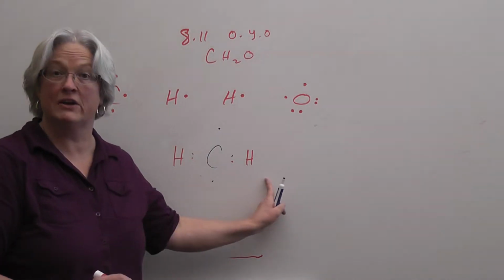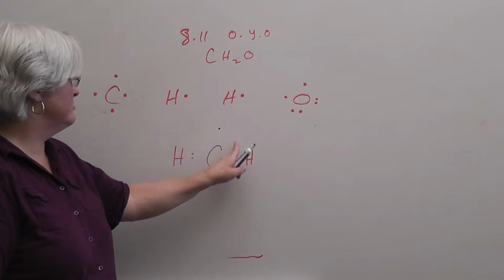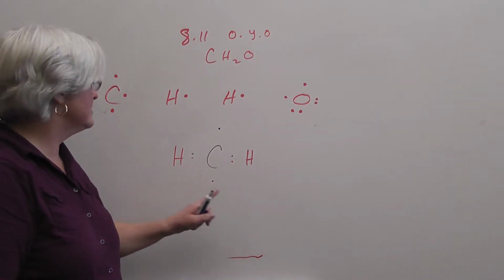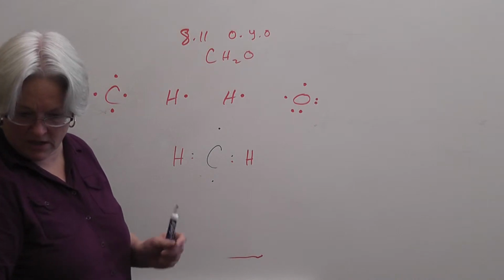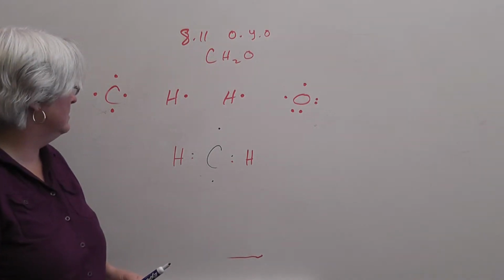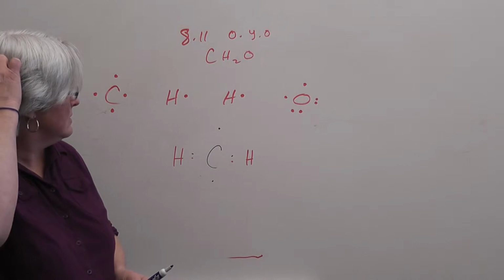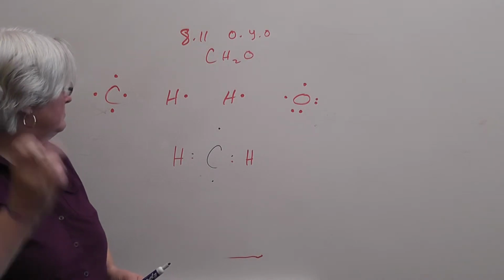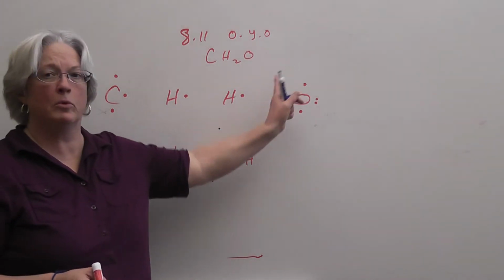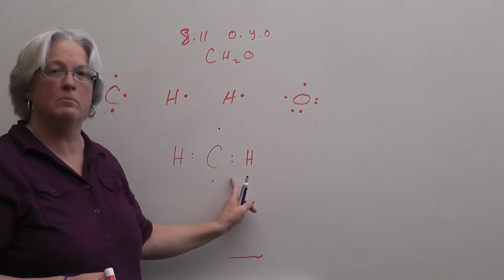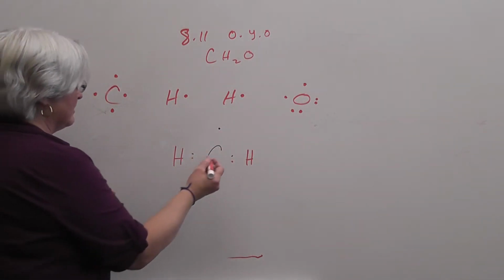Does that look right? Is hydrogen happy now? This hydrogen has 2 valence electrons, it's happy. This hydrogen has 2 valence electrons, and it is happy as well. But let's see what I want to do. Thinking that I'm going to have a double bond here, let me move this hydrogen right down here.